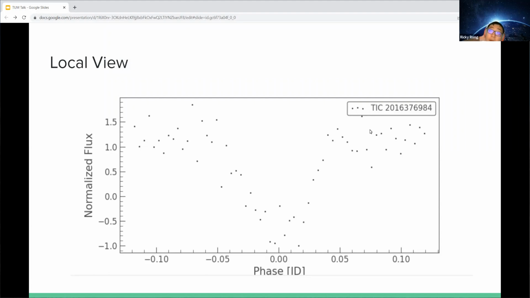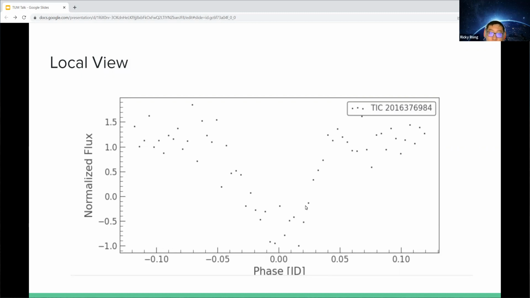So it's a more granular representation of the light curve zoomed in at the threshold crossing event. So we have this global view and we have this local view of the light curve now.